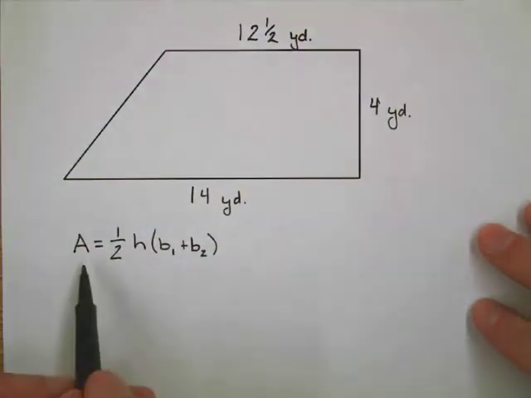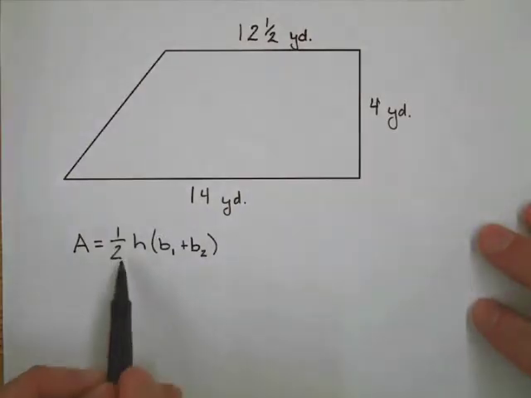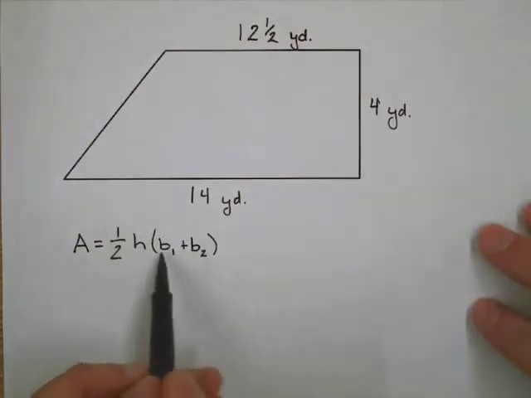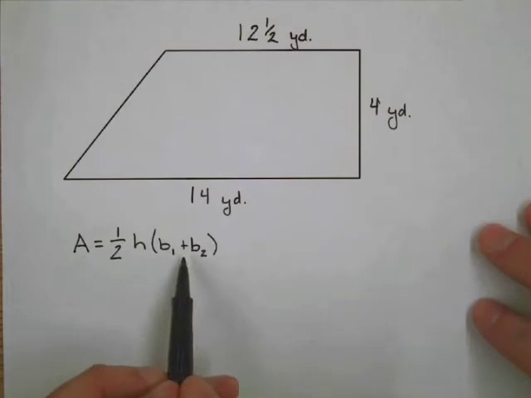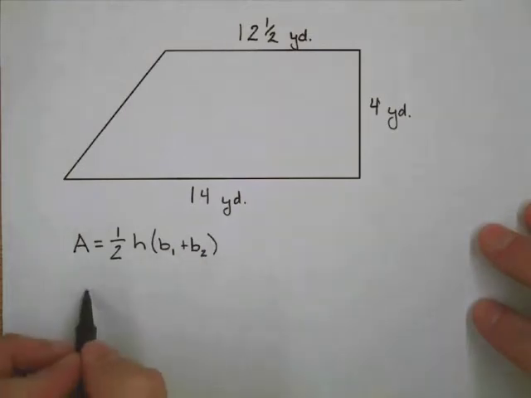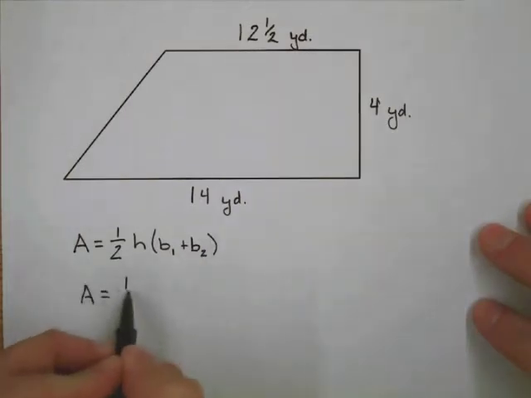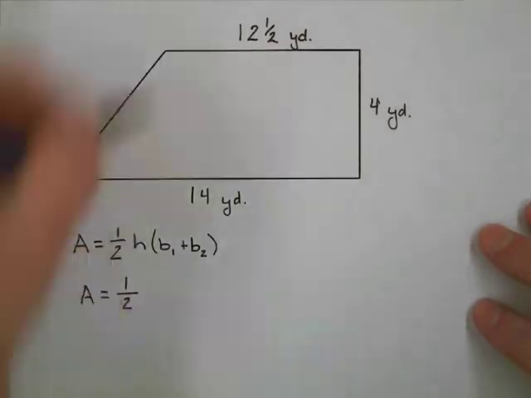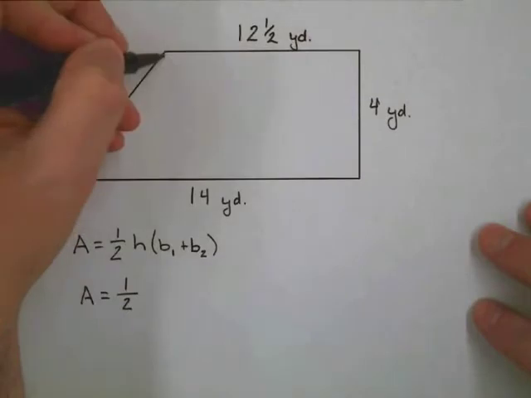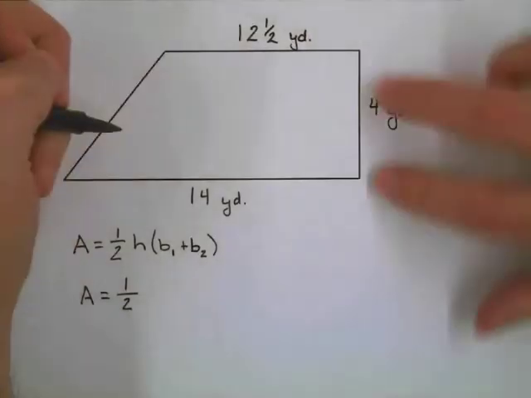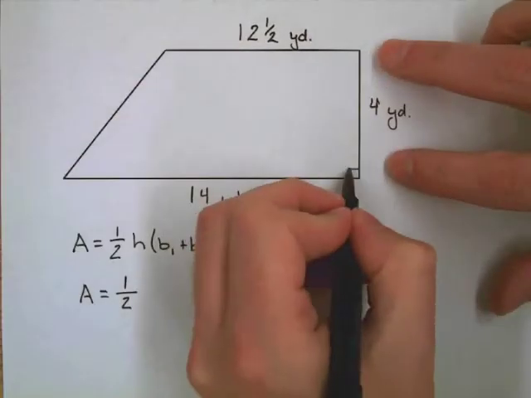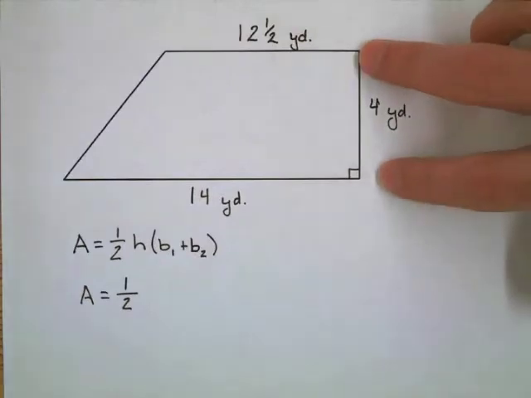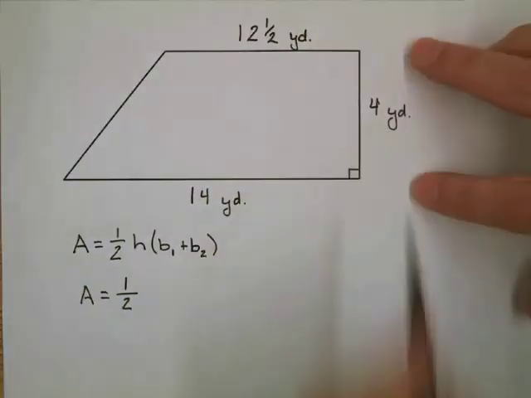And our formula for the area of a trapezoid is 1/2 the height times the sum of base 1 and base 2. So we have area equals 1/2 the height. Well, our height is that distance from the base up to the highest point. Well, because this is a right angle here, I actually know that this is the height right here, so I can look at this number right here.